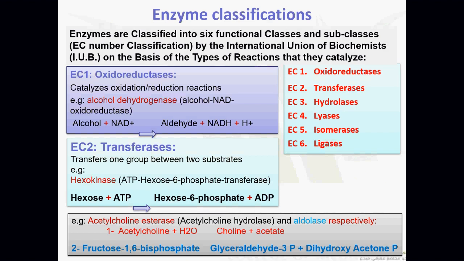This type of enzyme is known as a transferase because it transfers the phosphate group from ATP to glucose or any hexose. It can do the same for fructose, galactose, or any 6-carbon monosaccharide.